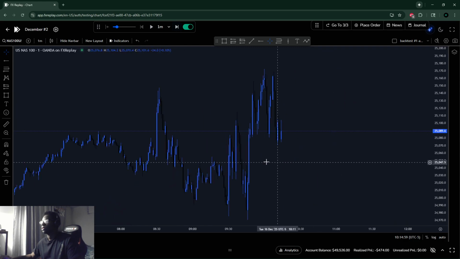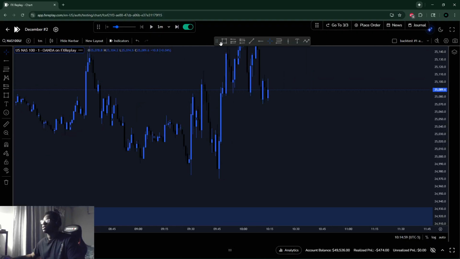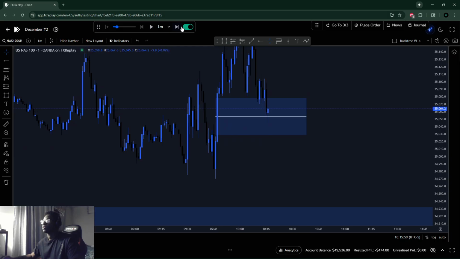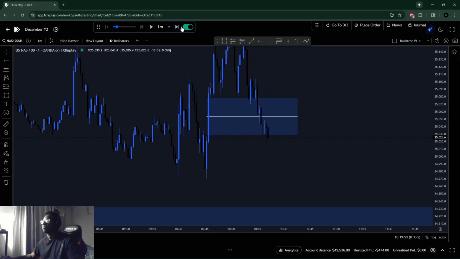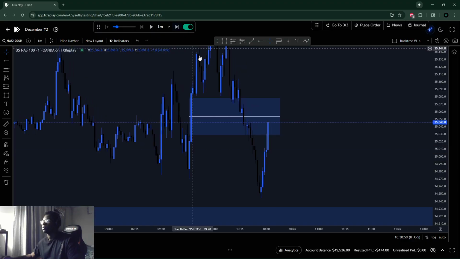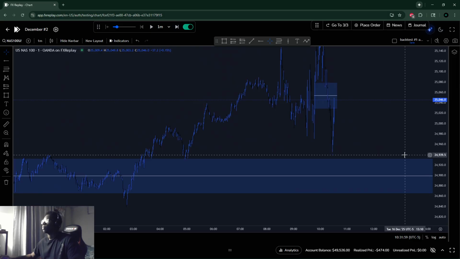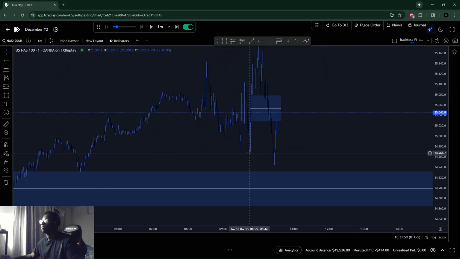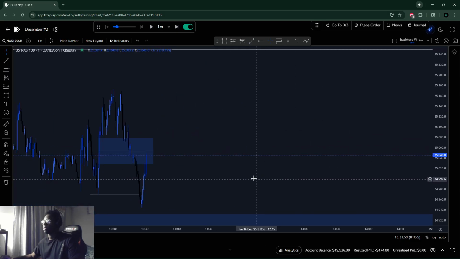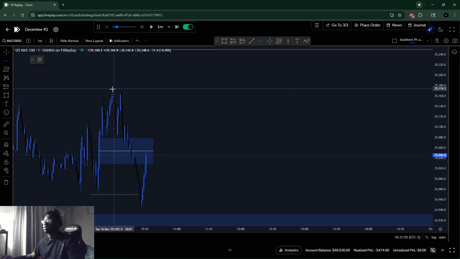And go lower. I'd like to see this gap right here get filled. Just got missed completely. So we just took this low right here, and now I think we're about to just ping pong back up towards this high.